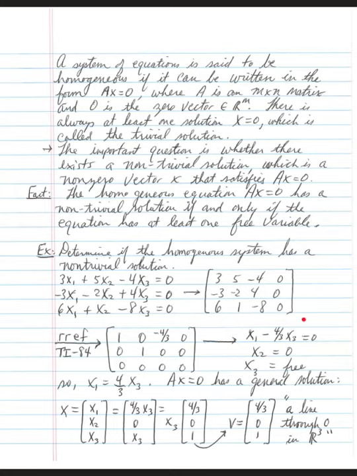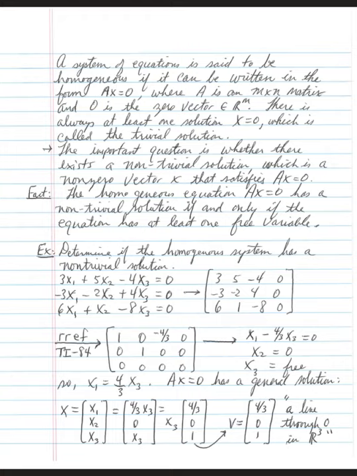If you translate this out where x1 is equal to 4/3 x3, x2 is 0, and x3 is the free variable, the solution vector x, which will have three entries, the first entry is 4/3 x3, the second entry is fixed at 0, and the third one is free.